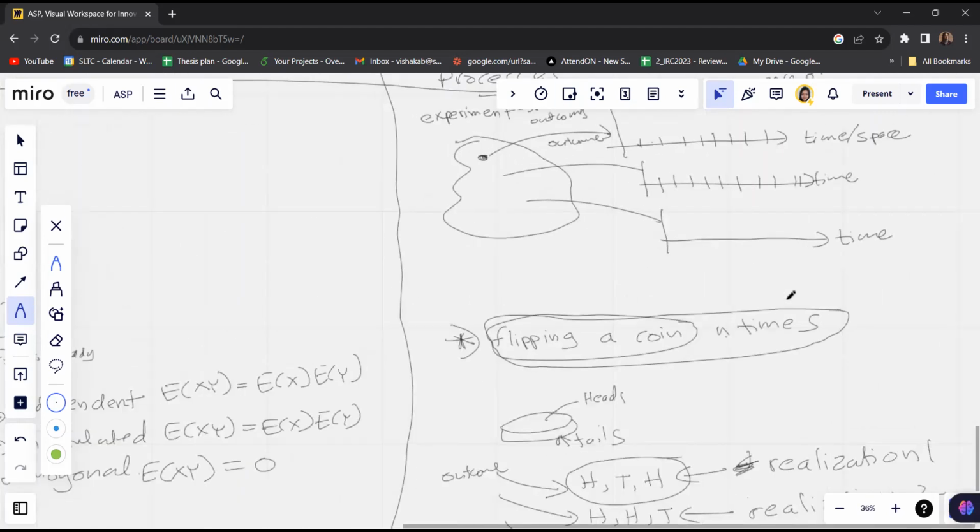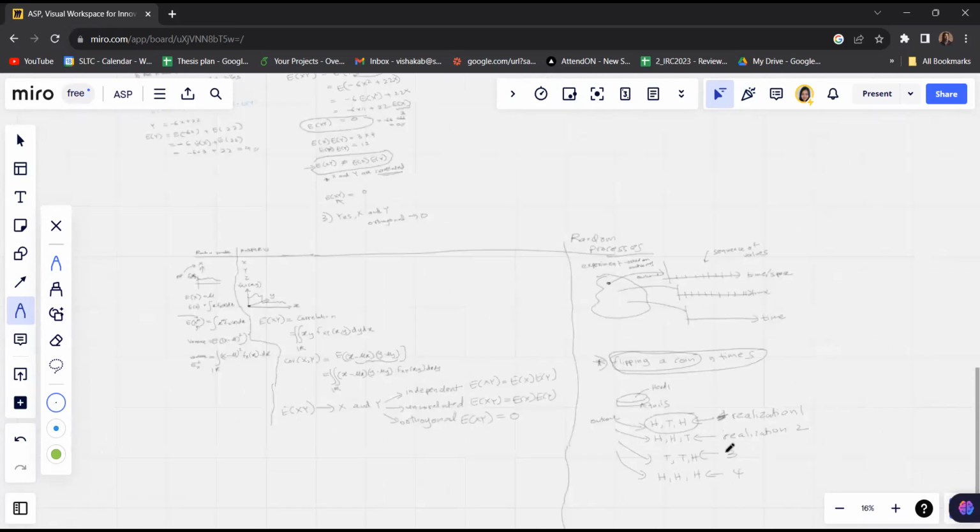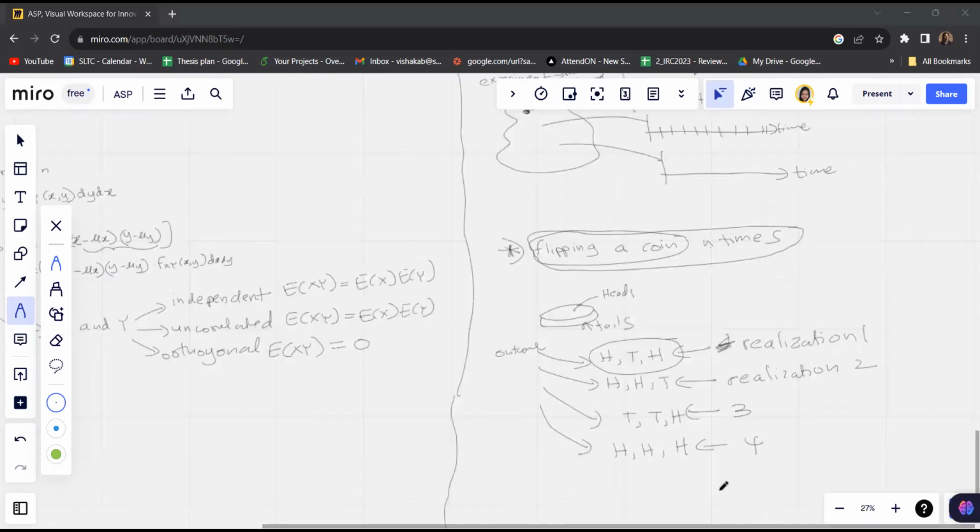This flipping a coin n times can be denoted using discrete random variables or continuous random variables, as you think. Is this experiment producing discrete random variables or continuous random variables?